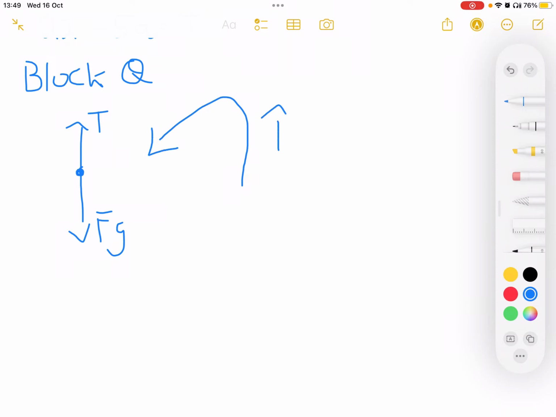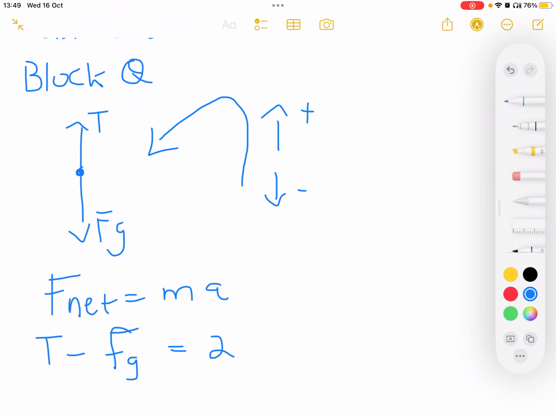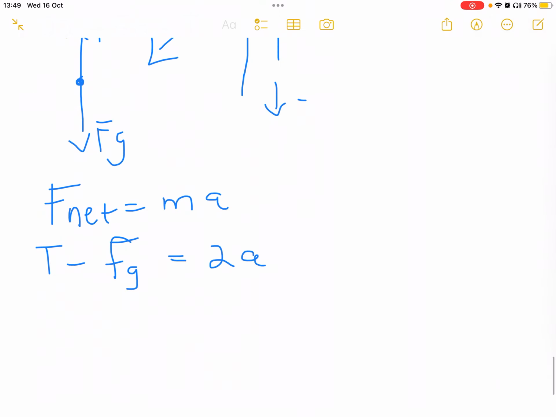So it means upwards here is positive, downwards here is negative, and therefore, if we say F net is equal to the mass times acceleration, nothing has been said about acceleration or velocity being constant, so we can't assume a is zero. The mass of the object is 2 kilograms, so F net is comprised of what? A positive T minus Fg, which is equal to 2a if you just substitute.